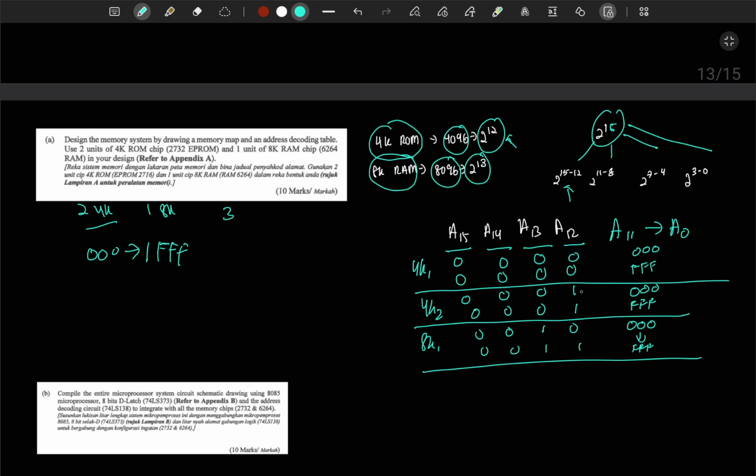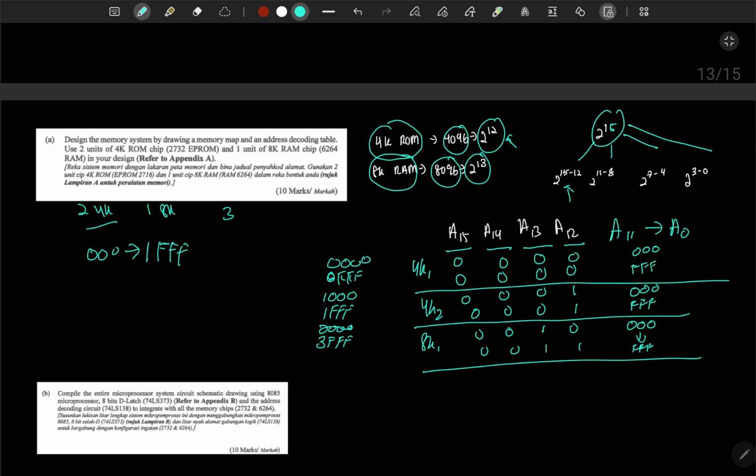So in simple terms, we use 0000 till 0FFF, then 1000 till 1FFF, which results in 2000, and then 2000 till 2FFF, then 3000 till 3FFF, which is 4K, which results in 8K.